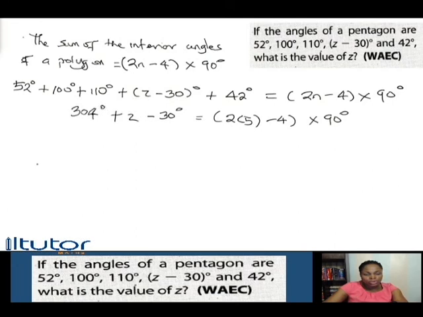So 304 minus 30 degrees will give you 274 degrees plus z, which is equal to 2 times 5 is 10. 10 minus 4 is 6.